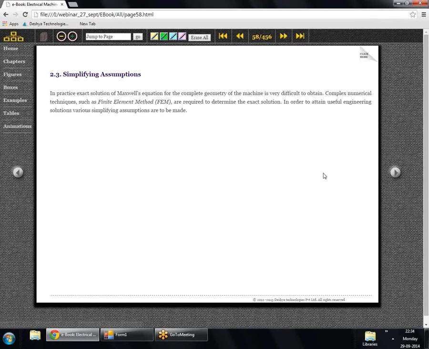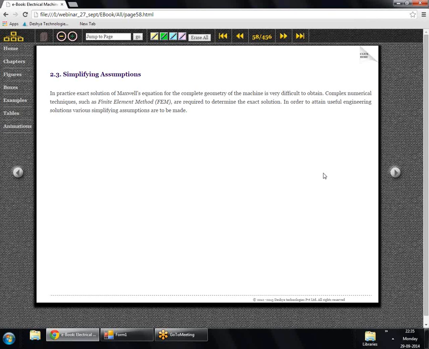To analyze magnetic circuits, it is possible to have a very detailed analysis using finite element methods or boundary element methods or various other numerical techniques. All these numerical techniques give very good and very accurate results. However, in today's webinar, to understand the fundamentals of magnetic circuits, we will build some very simple mathematical models which can be used to analyze them.